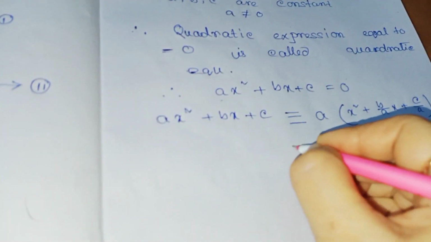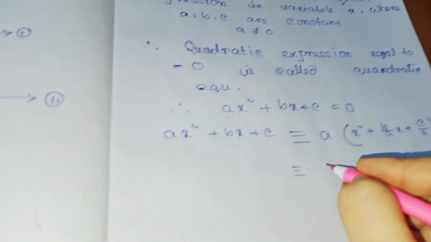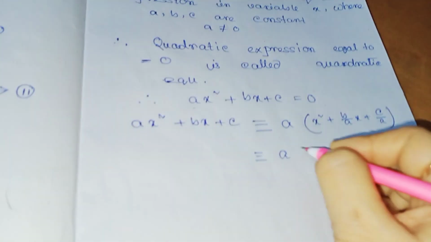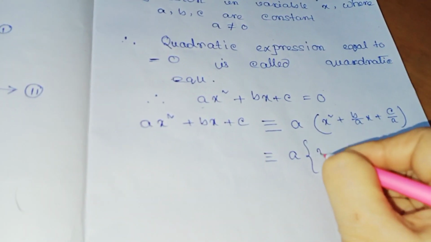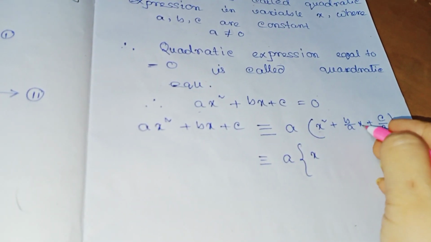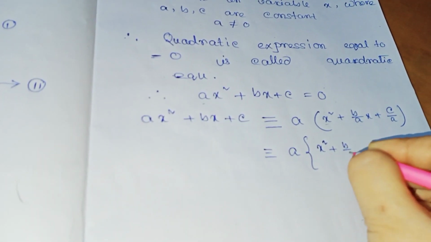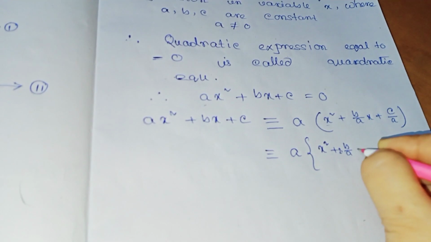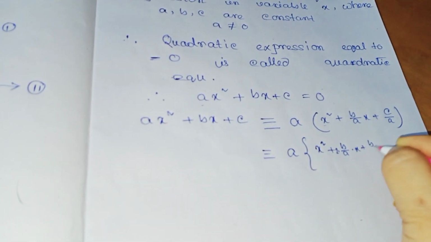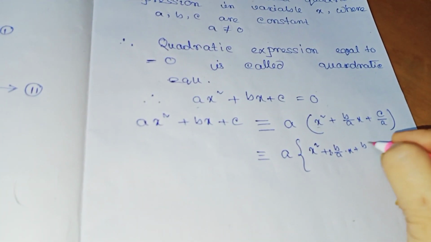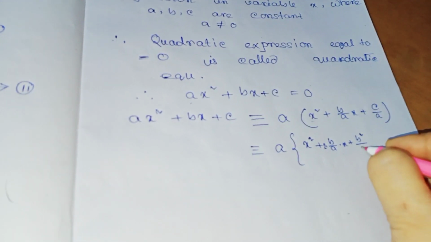So evaluate this one. Here we get a into x square plus b by a, 2 into b by a into x, plus b by 2a making a square form, and we know it very well.